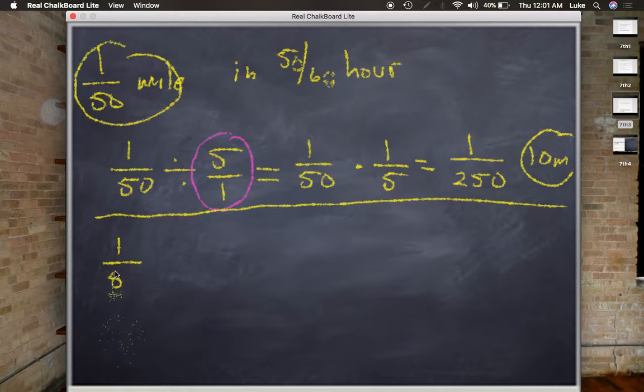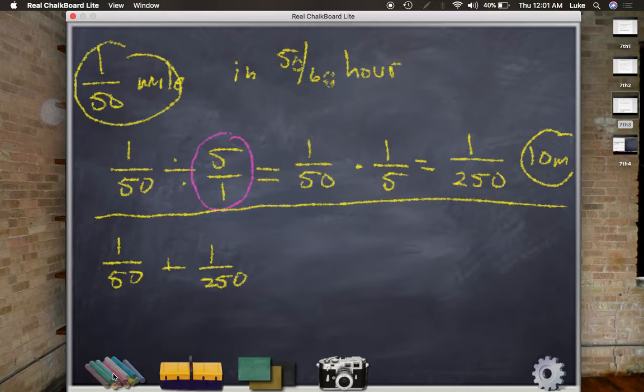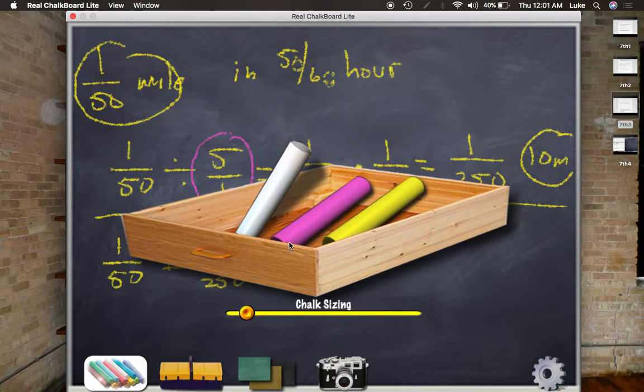Here's our first amount, 1/50th of a mile in 5/6 of an hour. We want that last 10 minutes to fulfill our hour, and in 10 minutes he did 1/250th of a mile.